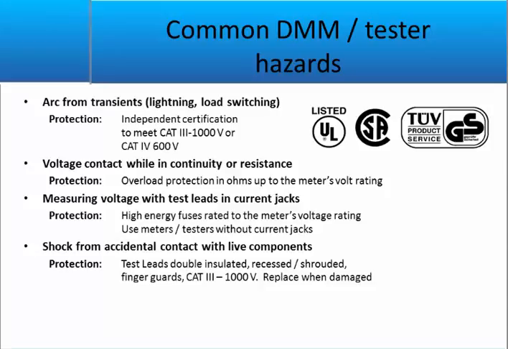You're also measuring via the current jacks, so it's important to make sure that the fuses are in place. The fuse will blow because the current input is a low impedance, and when you put a voltage across it, a high inrush current will occur and therefore the fuse will blow.